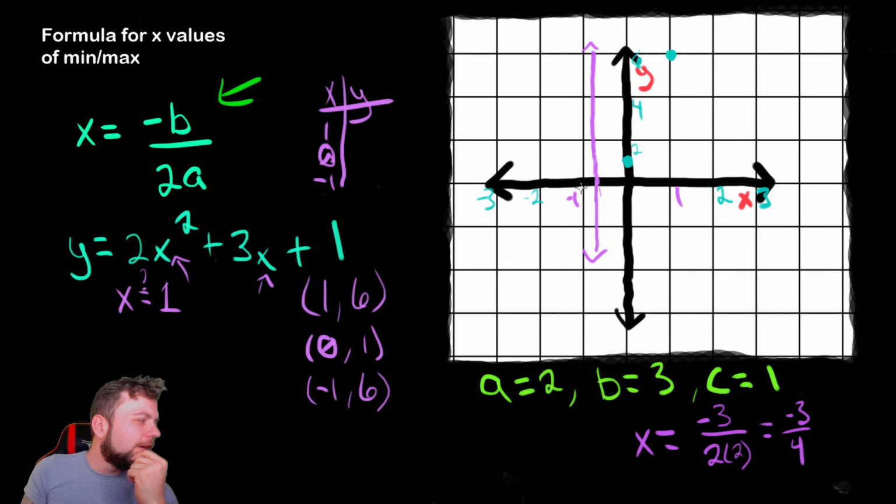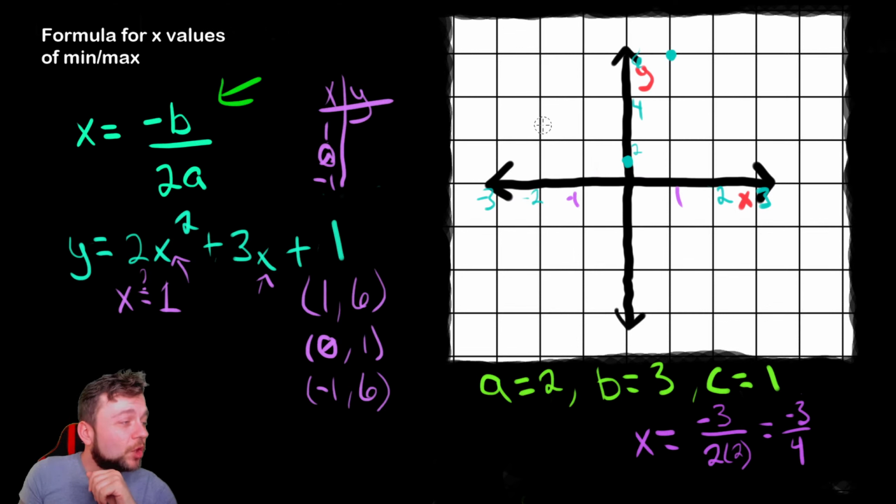What happened? Or am I just a little tiny bit off? 1, 6, that all looks okay. -1, 6, I think my line here is not quite accurate.